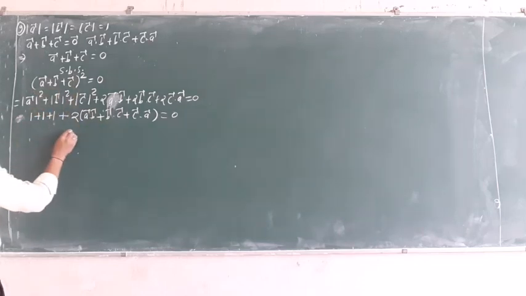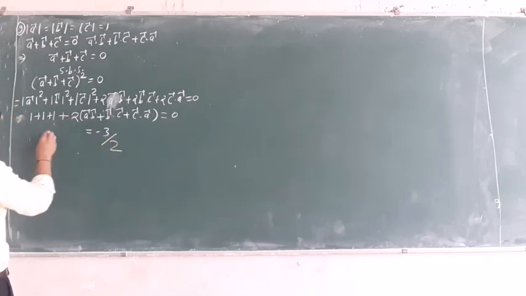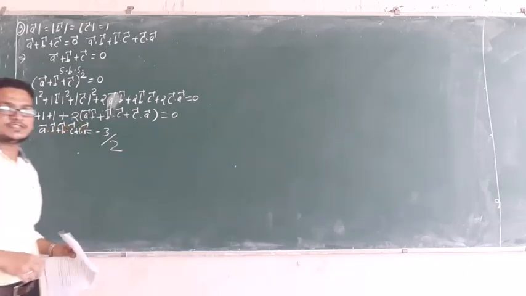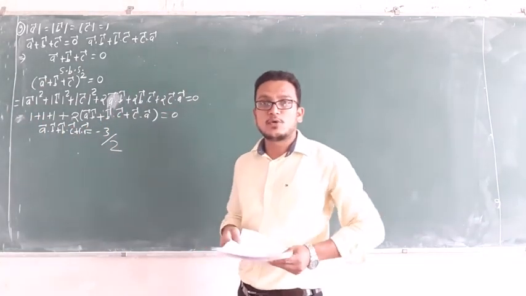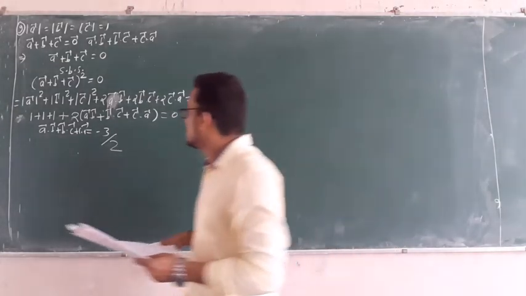If I transfer 3 to that side, it becomes minus 3, and the 2 also, if I transfer, it will divide. So the value of A dot B plus B dot C plus C dot A will be minus 3 by 2. So option C will be correct. Next, question number 10.